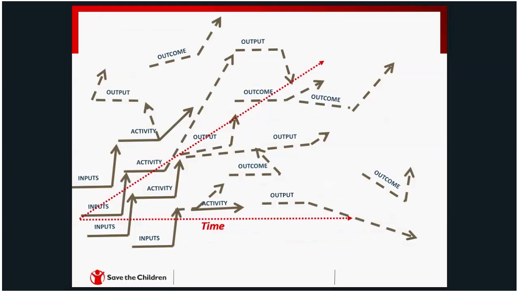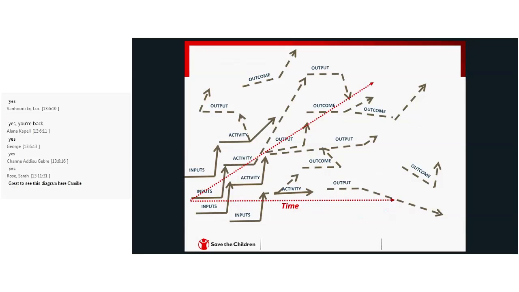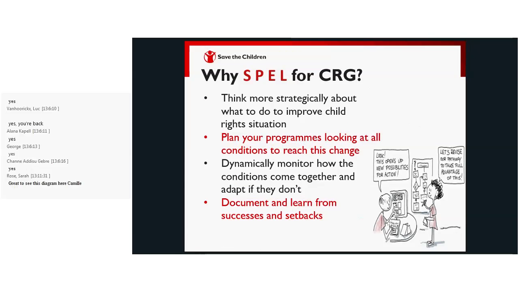Whereas, if you change slides, Ansi, in reality, there are many pathways of change a program will go through, especially CRG or advocacy work, before it reaches its ultimate end goal. Yes, thank you, Sarah. I have borrowed that diagram from you. If you can change slides, Ansi.